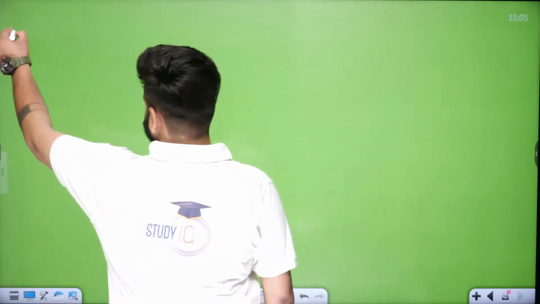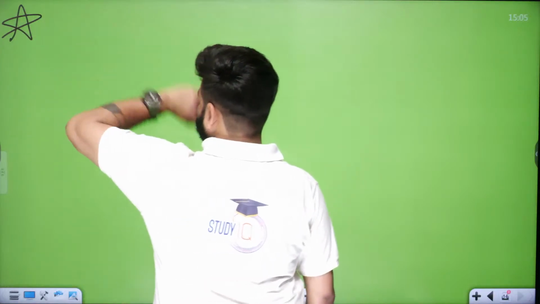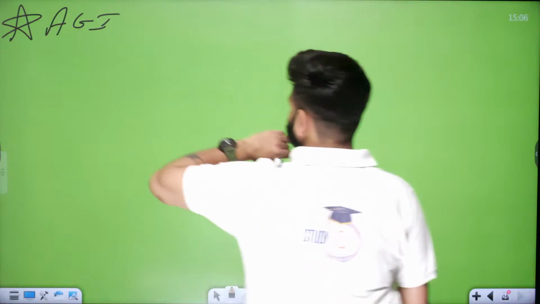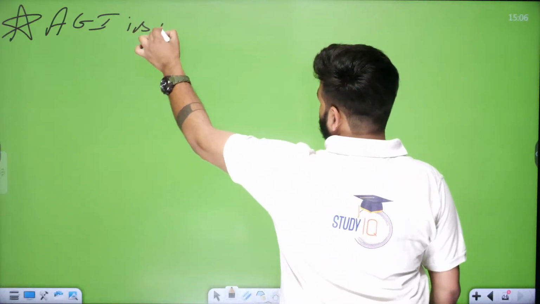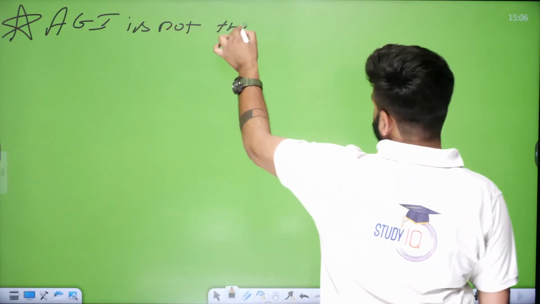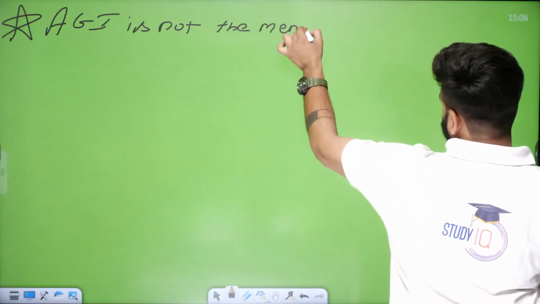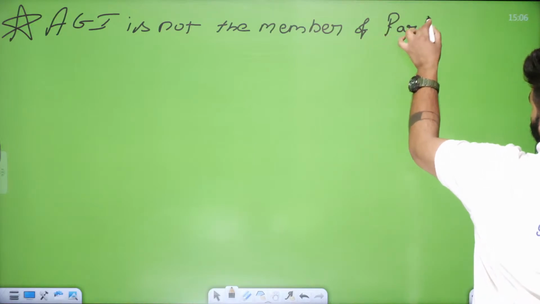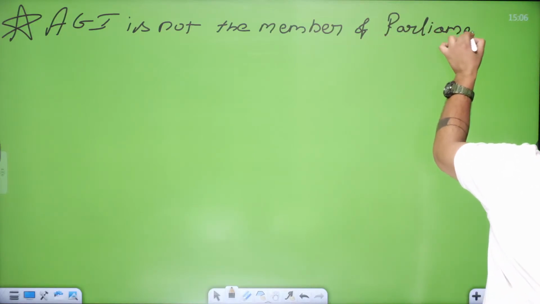One thing to be noted, as a star point: the Attorney General of India is not a Member of Parliament. Please note it down.